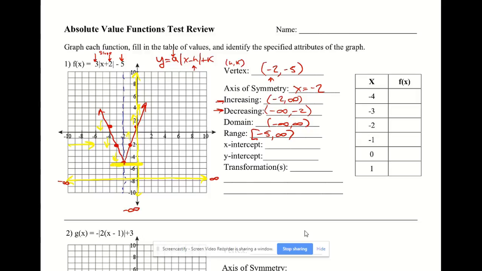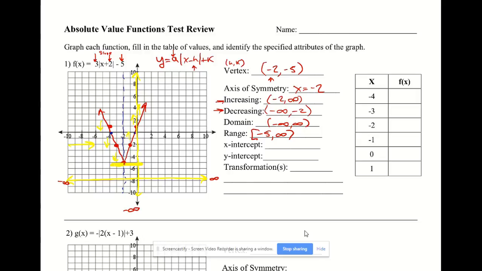Now, x-intercepts. We can see we've got an x-intercept here, an x-intercept here, and an x-intercept about right here. One way you can find these is mathematically: set your y value equal to 0 and solve for x. You can do it on the calculator by graphing your function, graphing y equals 0 as y2, and then finding your intersections.